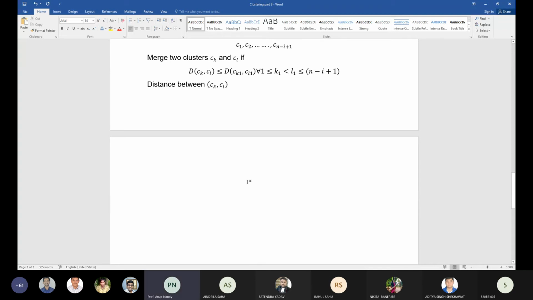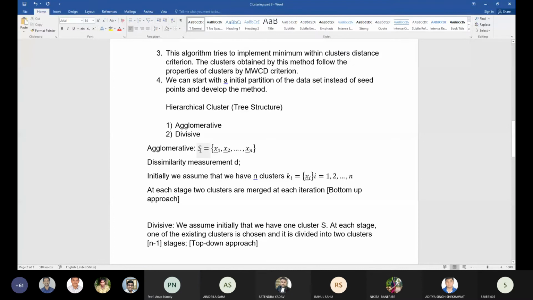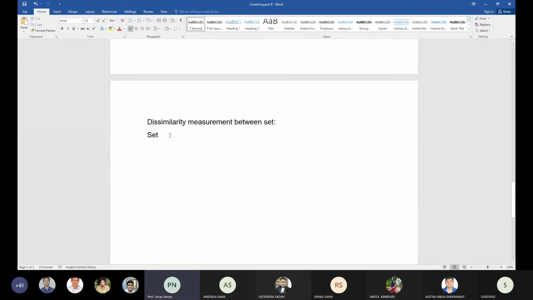Now you have to compute the dissimilarity measurement between elements. You have a set S equal to x1 to xn.